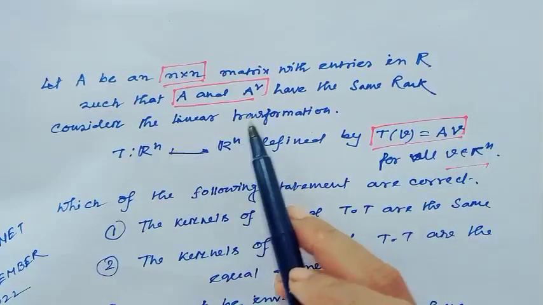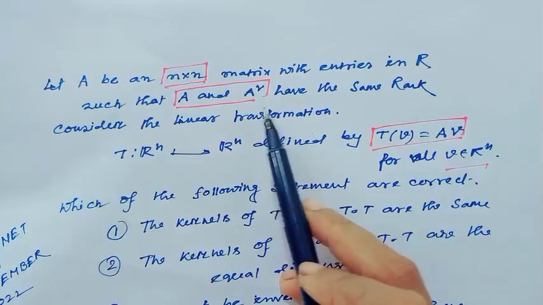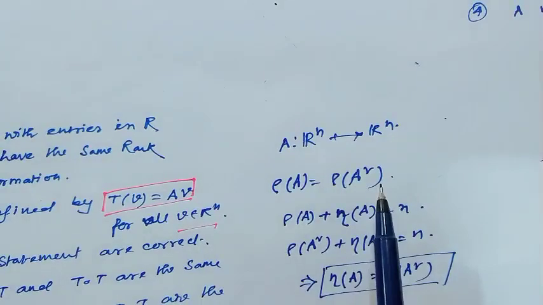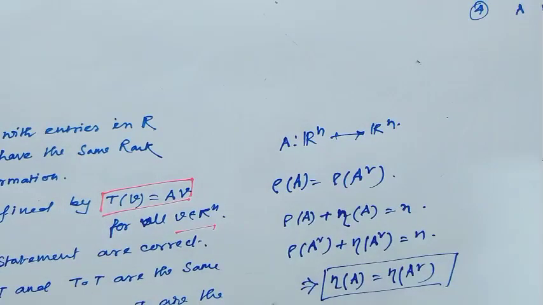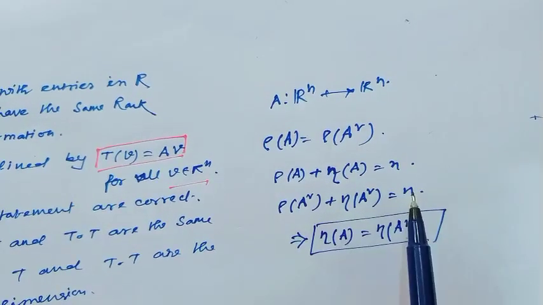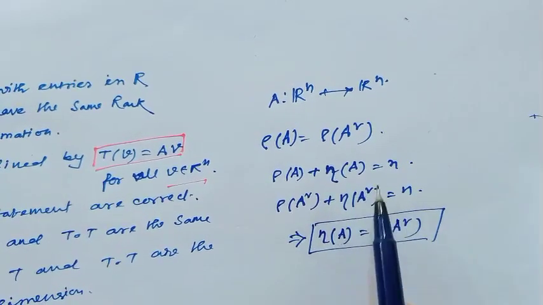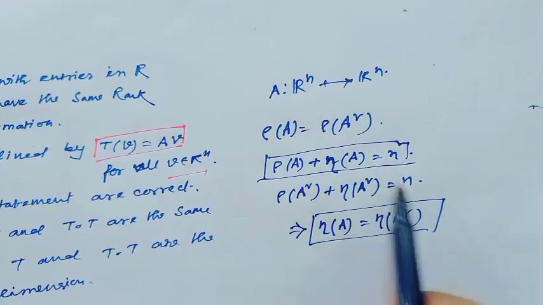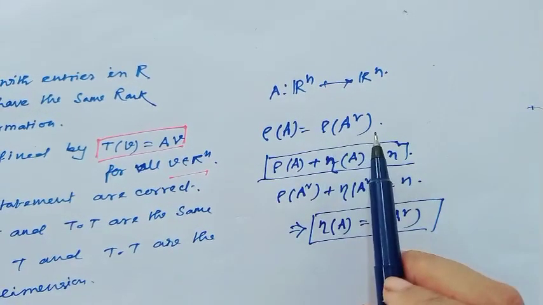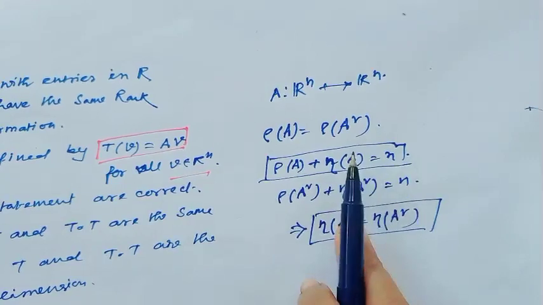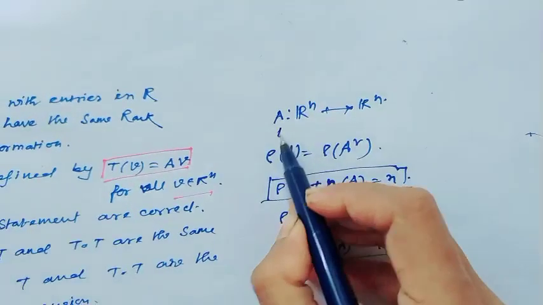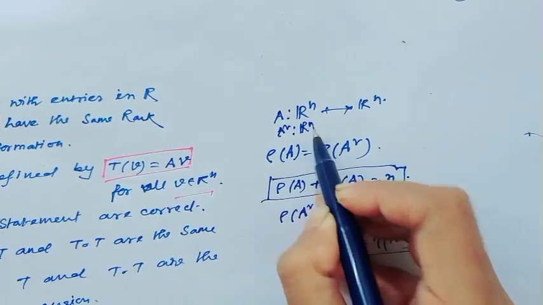Here the question has given that rank of A equal to rank of A square. So by the rank nullity theorem, rank of A plus nullity of A equal to n. Similarly, rank of A square plus nullity of A square equals n. Since A is a linear transformation from Rn to Rn, A square is also a linear transformation from Rn to Rn.